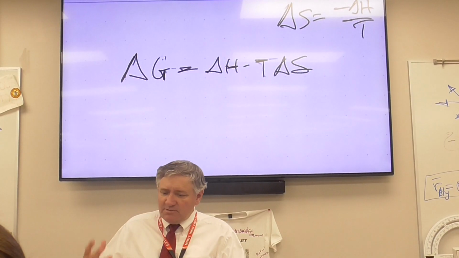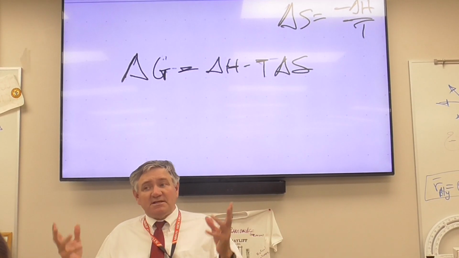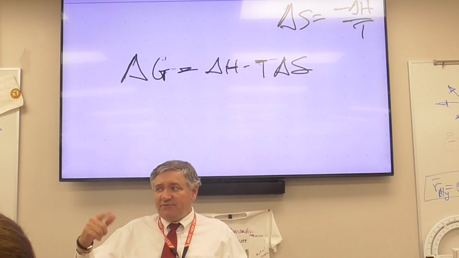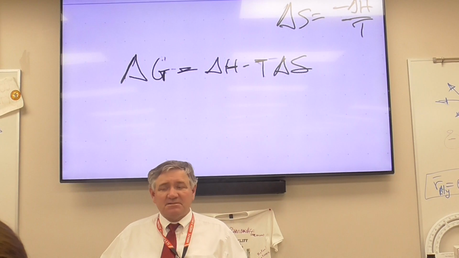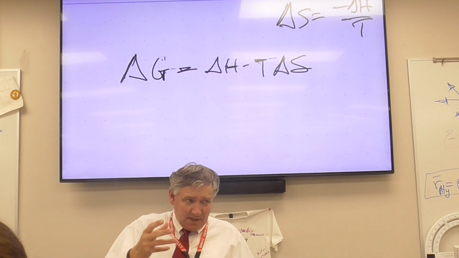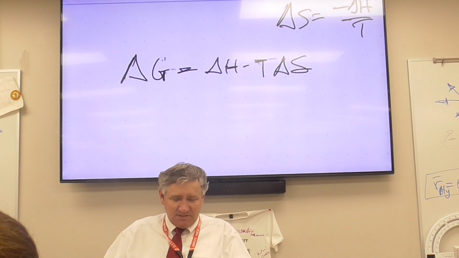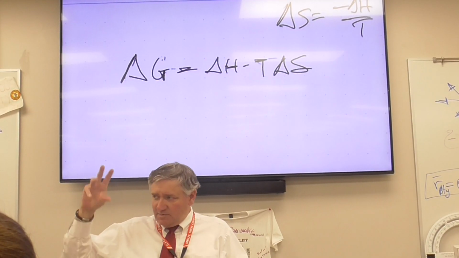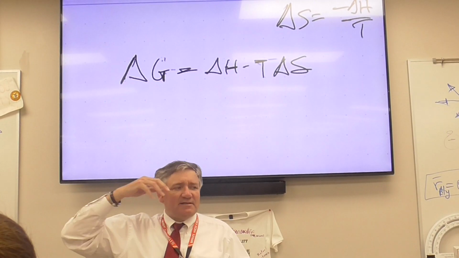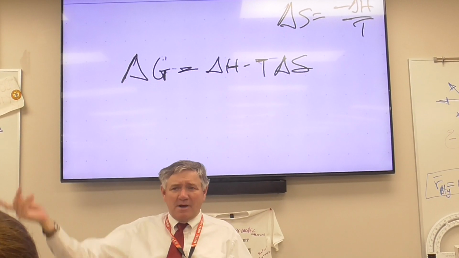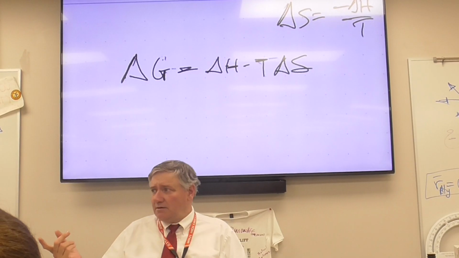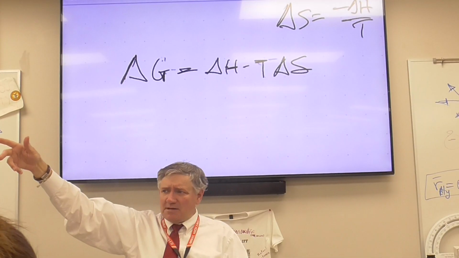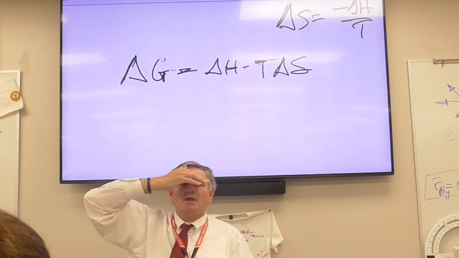One of the things you can look at to determine just a basic idea, it's not always true, but a lot of times it is: if you're producing a gas, especially a complex gas like carbon dioxide, that's pretty big, a carbon and 2 oxygens attached to it, then if you see an increase in the moles of gas, that tends to say you're probably going to get a positive delta S, because you're producing a gas out of this. It isn't always true, but a lot of times it is. So that's kind of a guiding light.